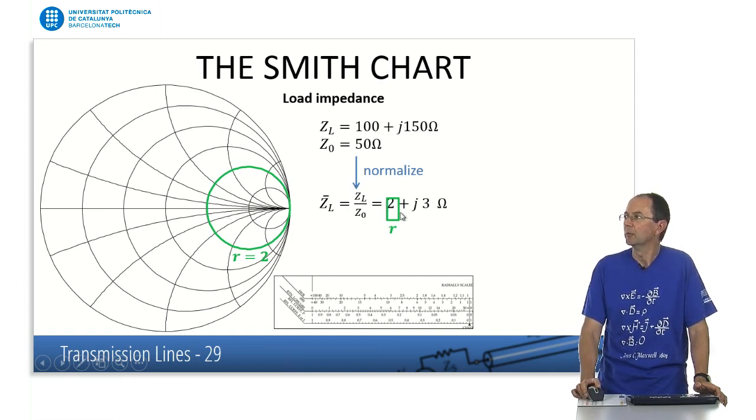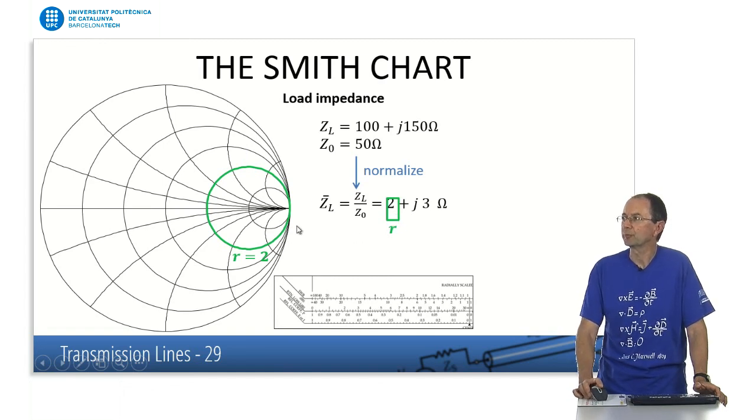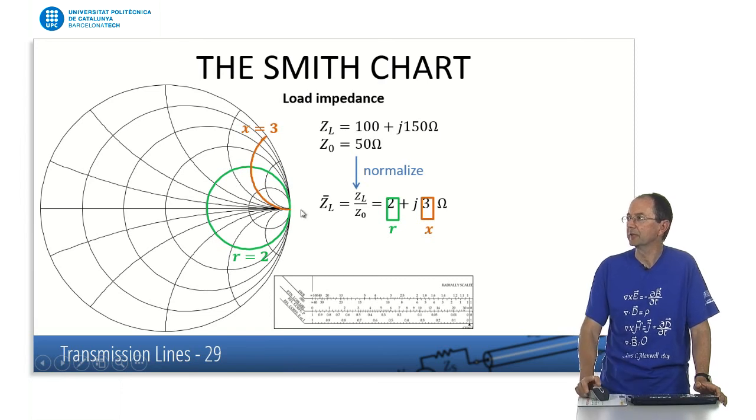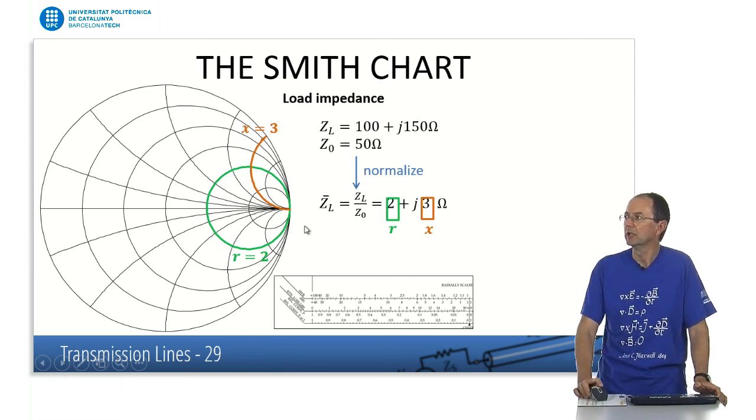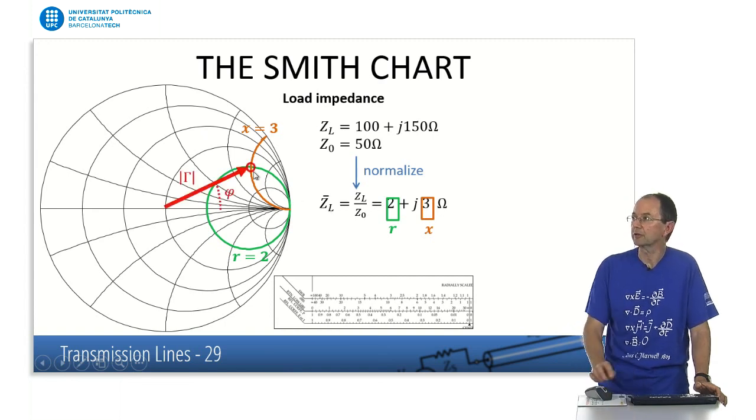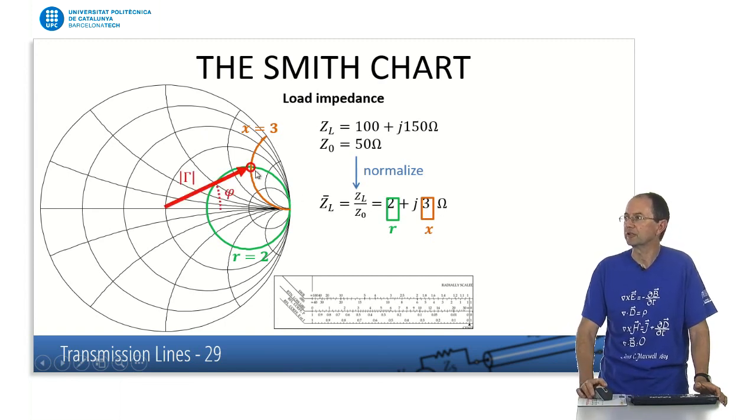So now, the real part, normalized to 2, corresponds to this circle. This is the circle of 2. Now we also have an imaginary contribution, which corresponds to this circle here. Our complex impedance will be just the intersection of these two circles, or what is the same, this point here.